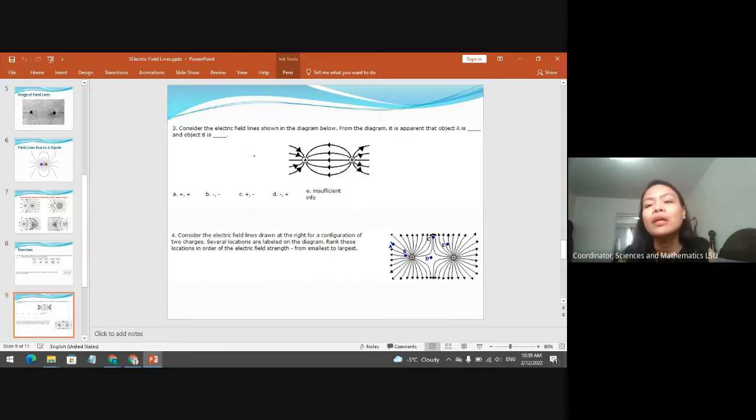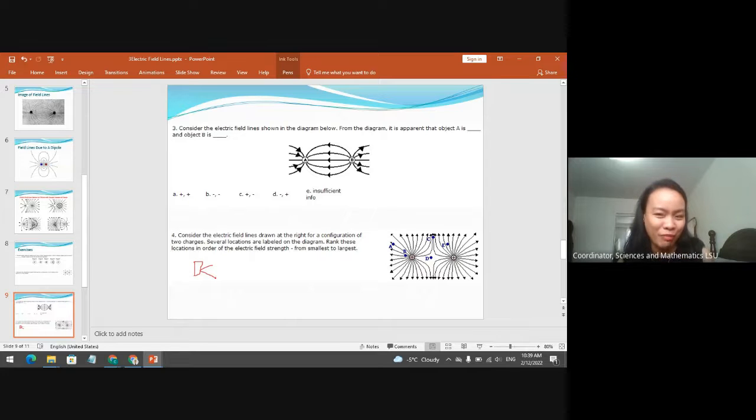Now let's take a look at point D. Point D is somewhat in the empty space, so there are no field lines there. So that means point D has the smallest electric field strength. Why? Because no field lines are there.